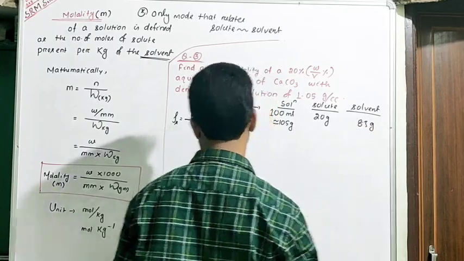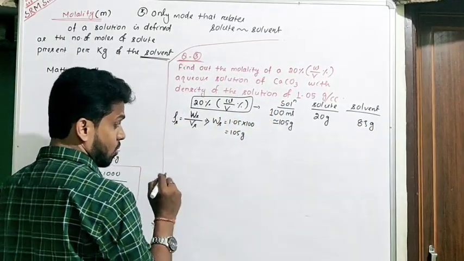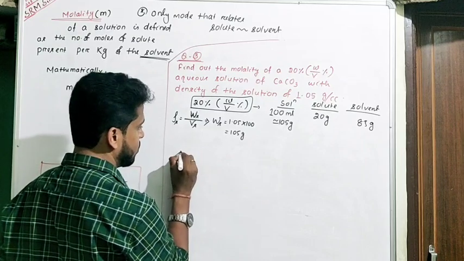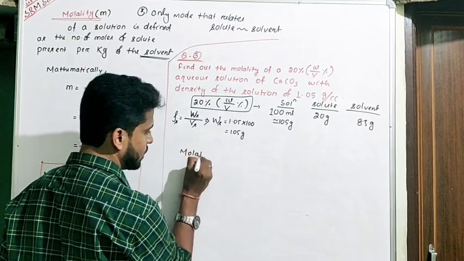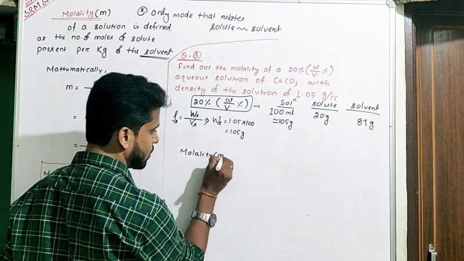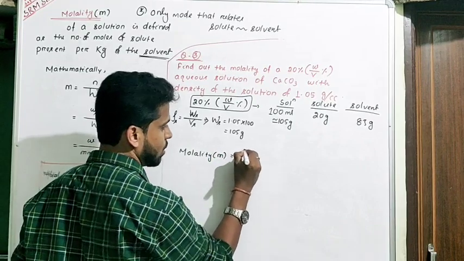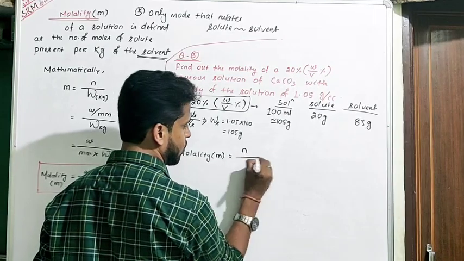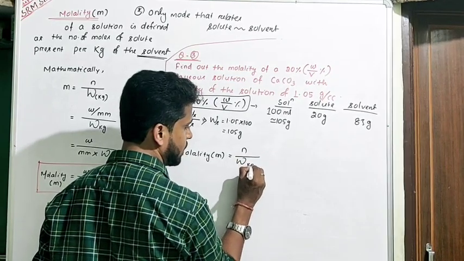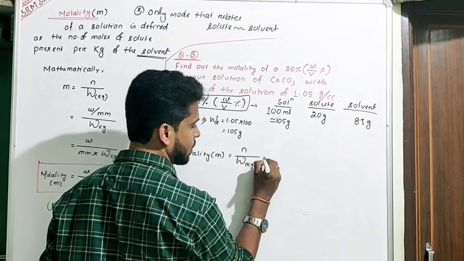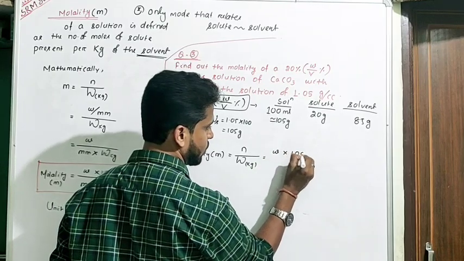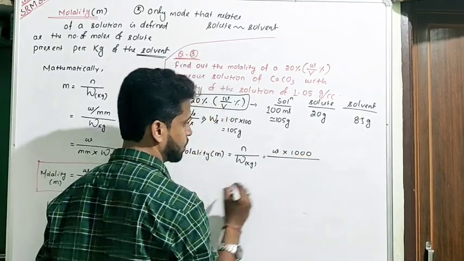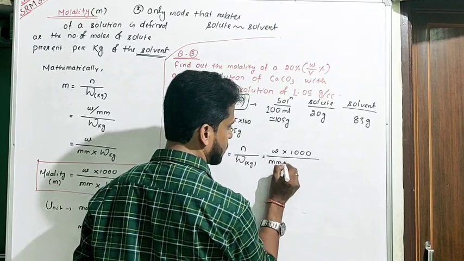Now, what does it ask? That is molality. So molality equals number of moles by capital W kg, that is small w into 1000 by molecular mass into capital W gram.